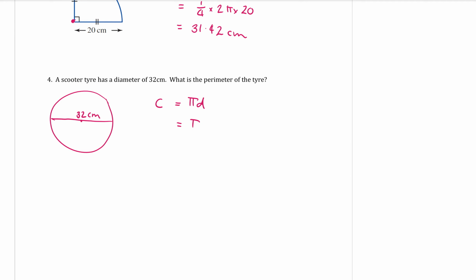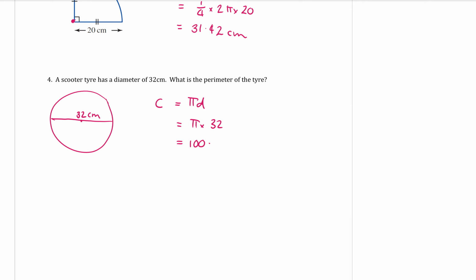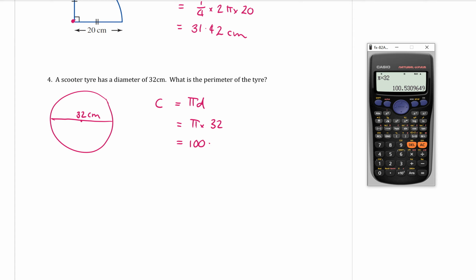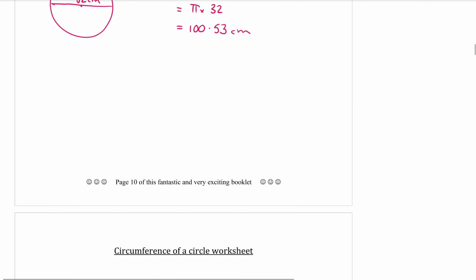So pi times 32 in the formula. So that's 100.53 centimeters. Okay, that is it for me.